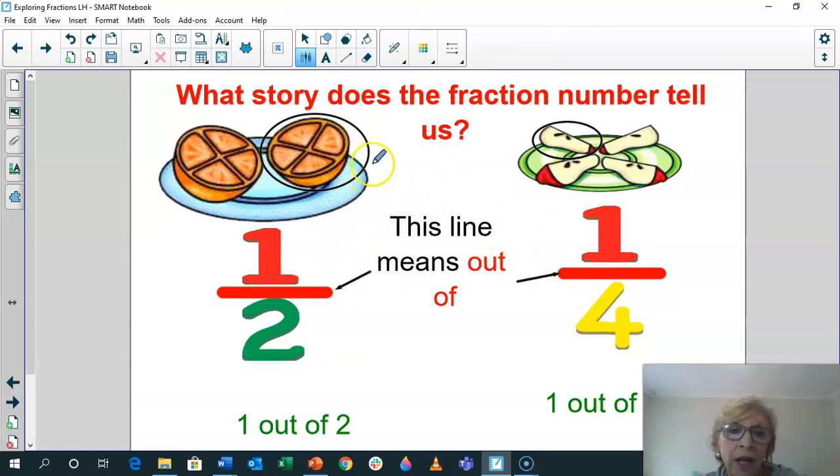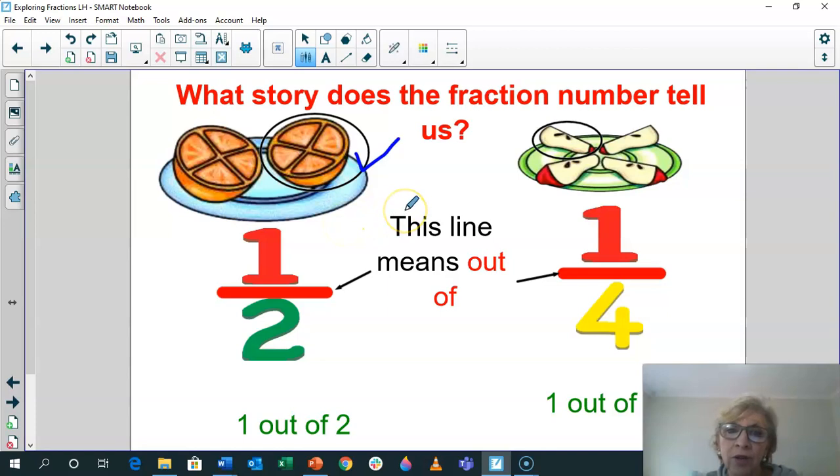and we are going to have a look at what this actually means. So here I've got a plate with an orange cut into 2 exact halves, and I've got a plate next door which has got a pear cut into 4 equal parts. Right, so what does it mean? 1/2 means that I have taken one of those halves and I have circled it there.